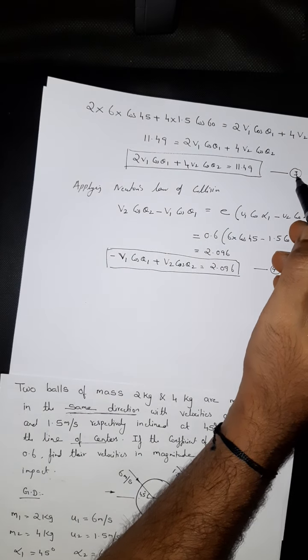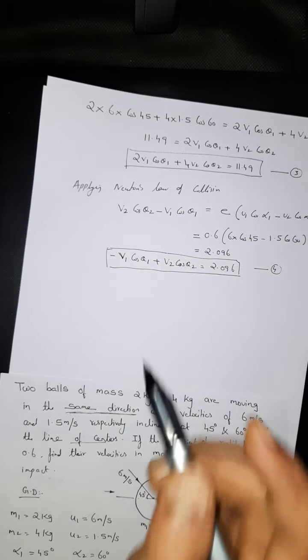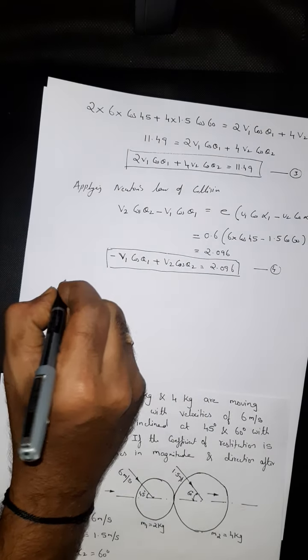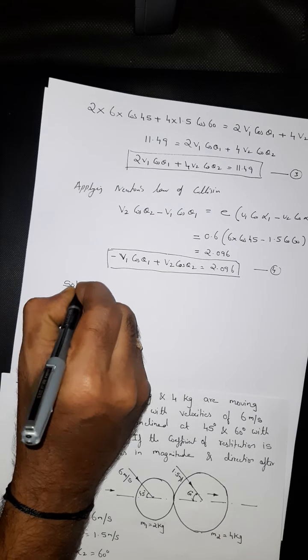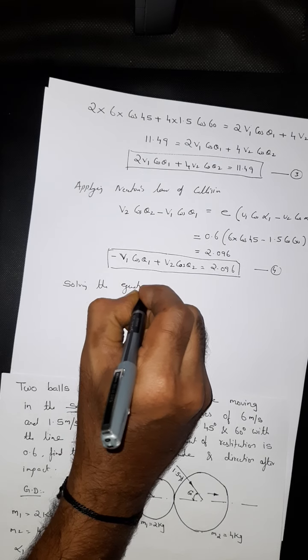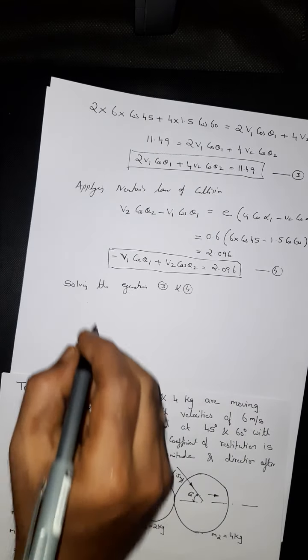So look at equations 3 and 4. Here there are four unknowns, so we'll have to minimize this. Now I'm going to solve equations 3 and 4.